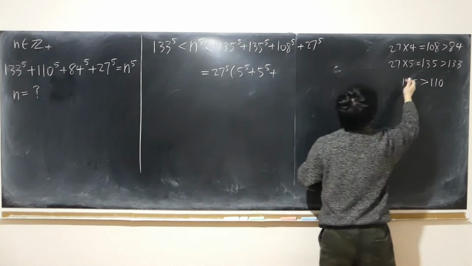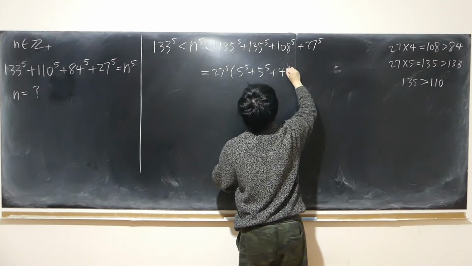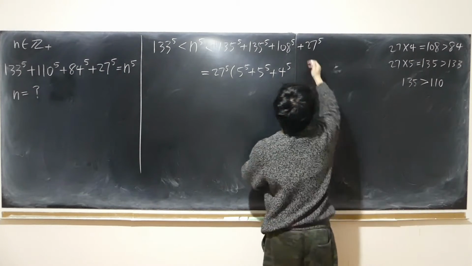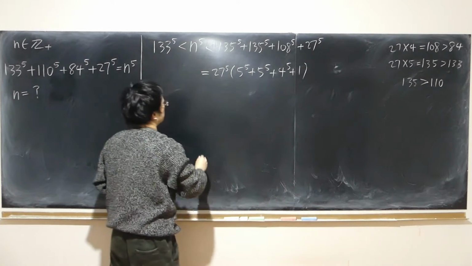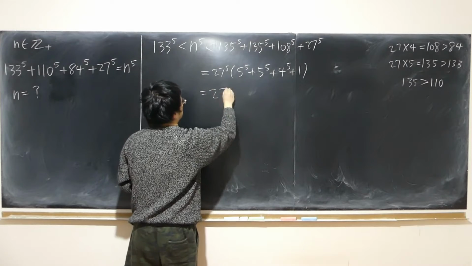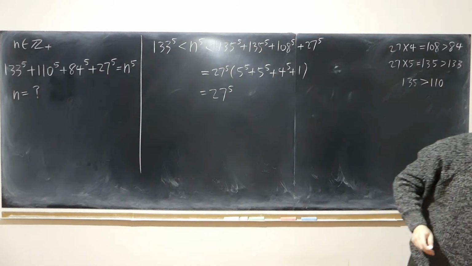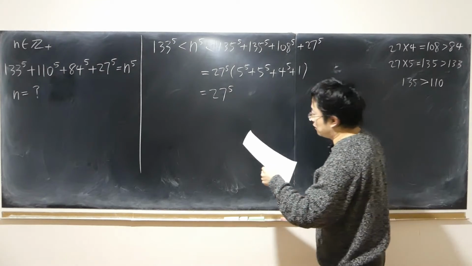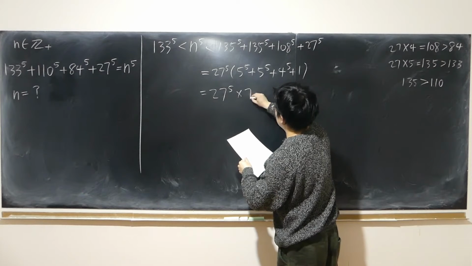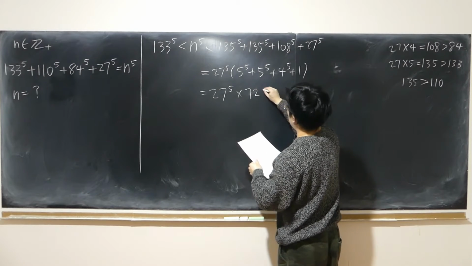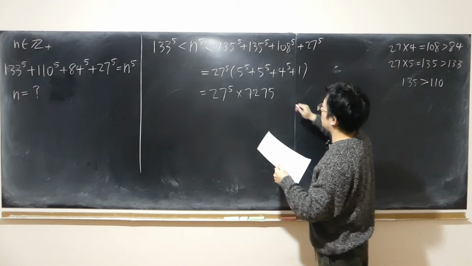For 108, we're left with 4 to the power of 5. And here, it's just 1. And so this turns out to be 27 to the power of 5 multiplied by 7275. That's the outcome of this sum.